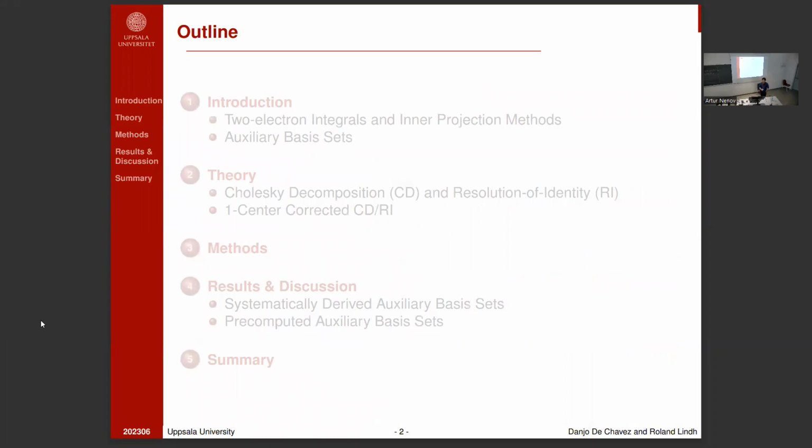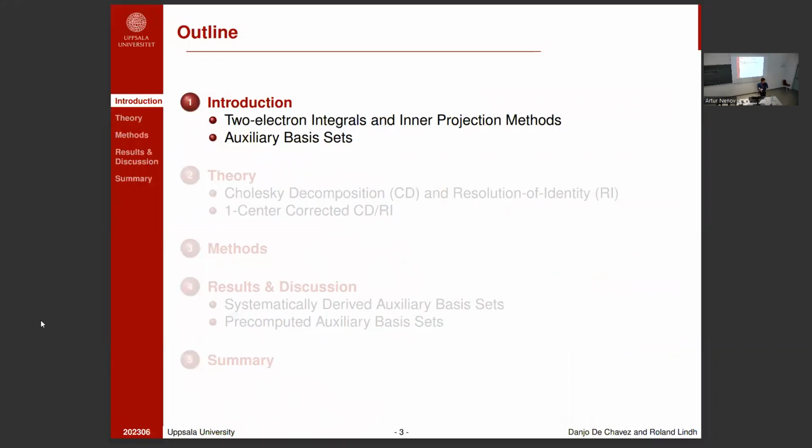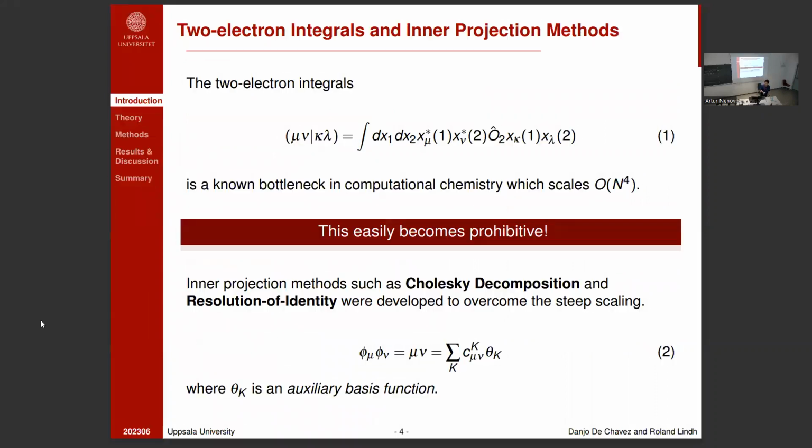I'd like to give a brief introduction with two electron integrals and the inner projection method and the idea of auxiliary basis sets. So two electron integrals given in equation one is a known bottleneck in computational chemistry. Since the four index integrals scale naturally as big O n to the fourth, even for small molecules and sizable basis set, this becomes prohibitive.